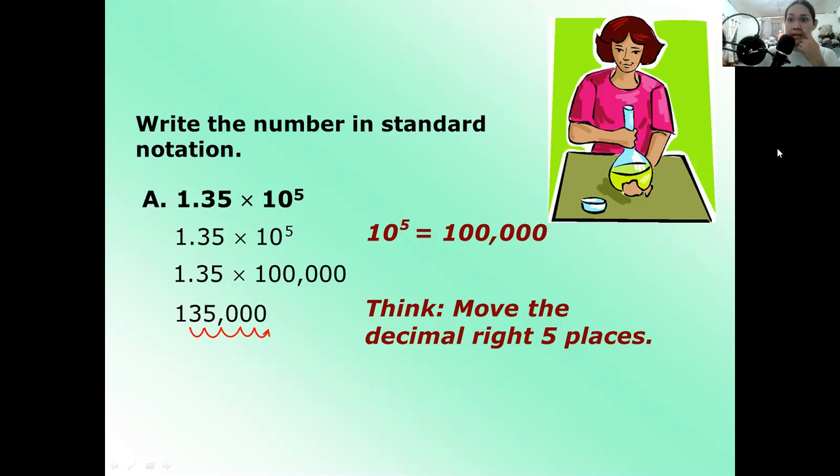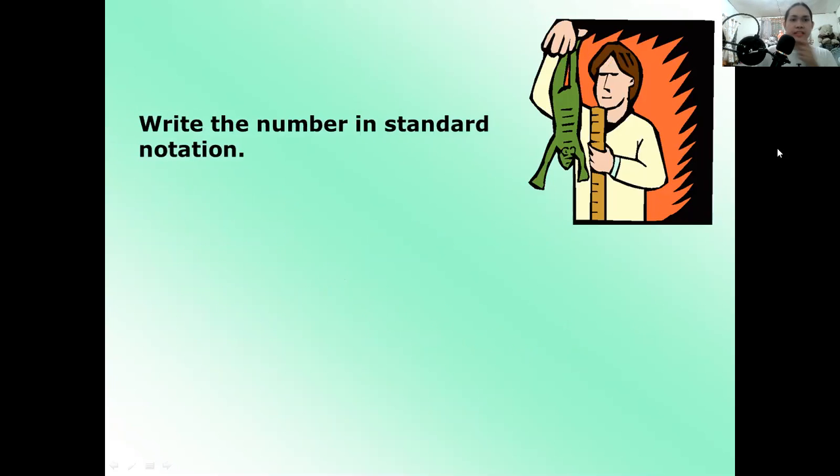As you can see from the arrow, instead of writing 1.35 times 10 to the power of 5 in scientific notation, you can write it in standard notation as 135,000, or simply multiply 1.35 by 10 to the power of 5, or 100,000. That gives you 135,000.